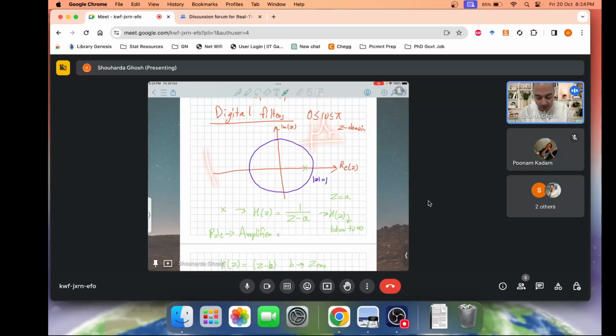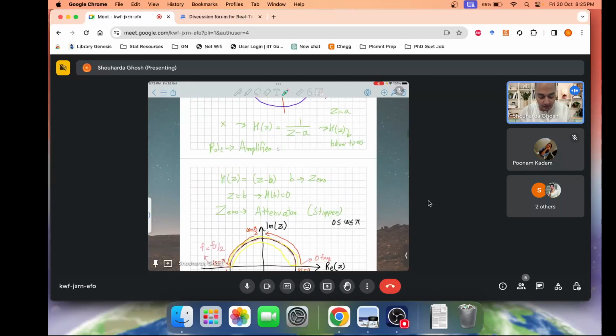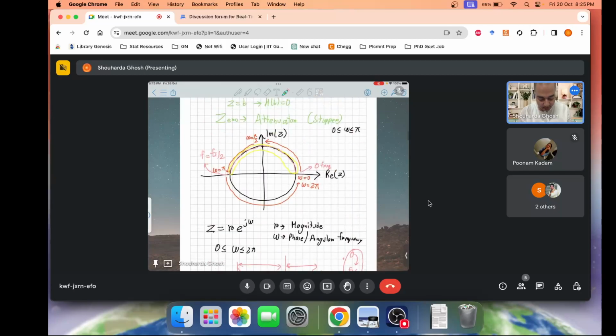So you need to actually plot from 0 to pi only. Start from some value, unless you have a 0 at the zero frequency, you should start from some intermediate value and then move around like this, and I will tell you how to continue.